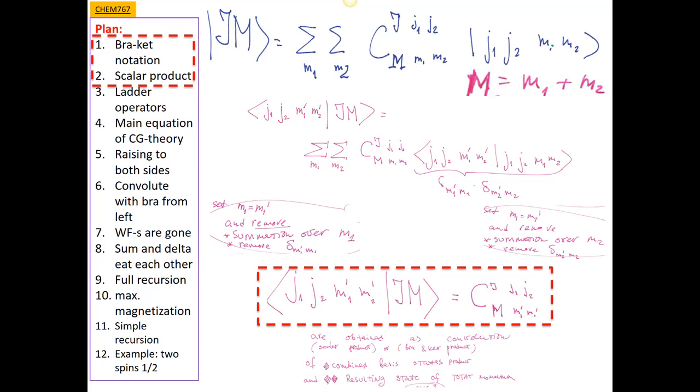But we need to know only two simple things. If the indices coincide, it will be 1. If indices do not coincide, it will be 0. M1 is not equal to M1 prime. Right? So it is orthogonality relations.